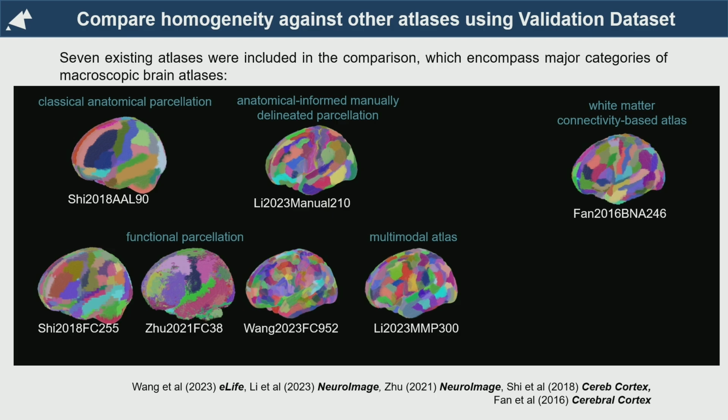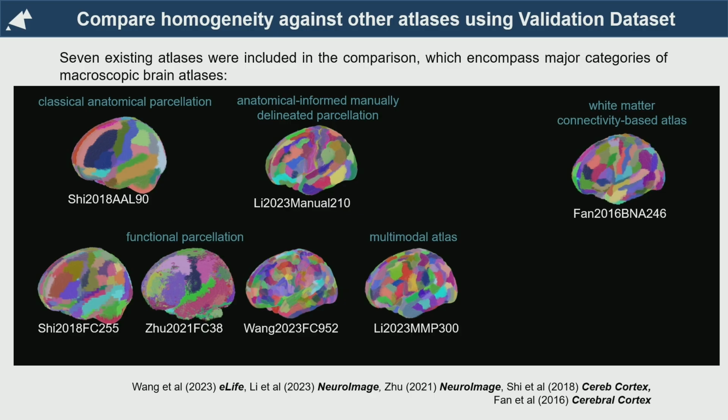Here we include 7 existing atlases, which comprise major categories of macroscopic brain atlases, such as classical anatomical parcellation, manually delineated parcellation, functional parcellations, and multimodal parcellation. And we also include a white matter connectivity-based atlas for adults.